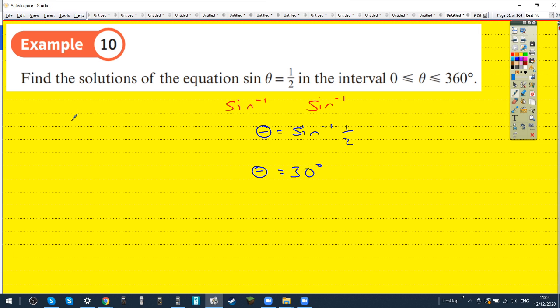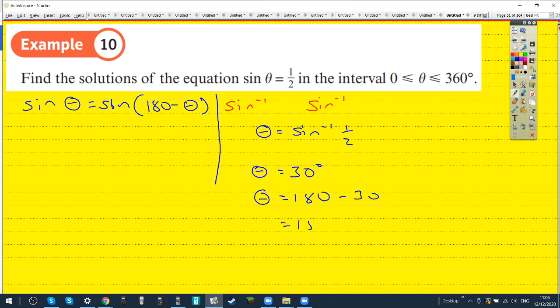Do you remember how to get a second answer with sine? Sine theta is equal to sine of 180 minus theta. So can you do 180 minus 30? Which gives you 150. So you've got two answers.